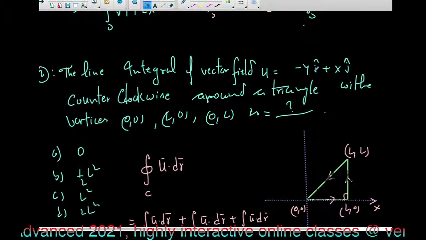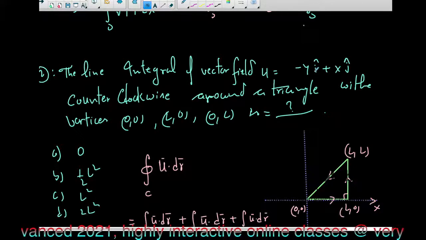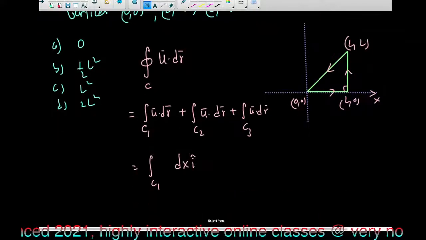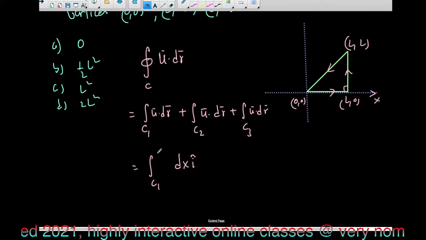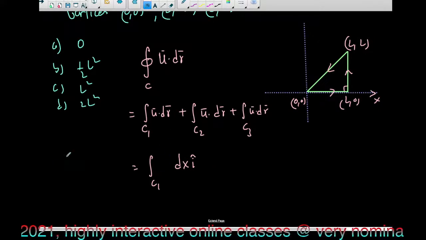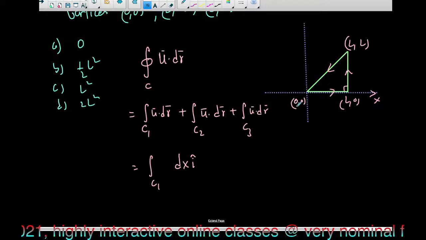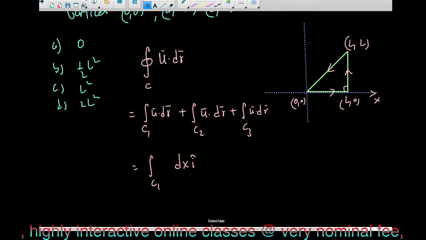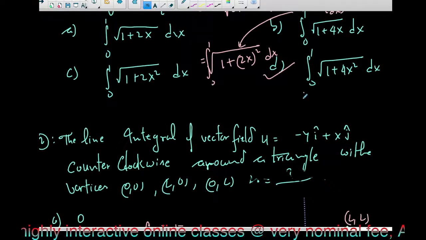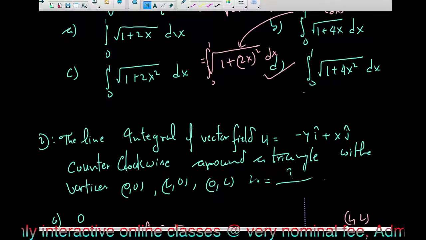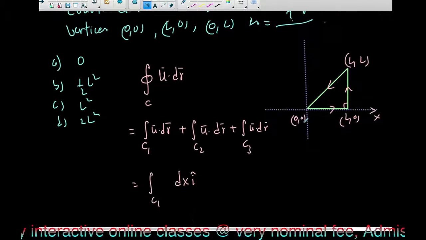So along this, when we go from (0, 0) to (L, 0), what is y? This will become 0. Let me explain: as you get here only y, because i is present over here, the i component is minus y, right?